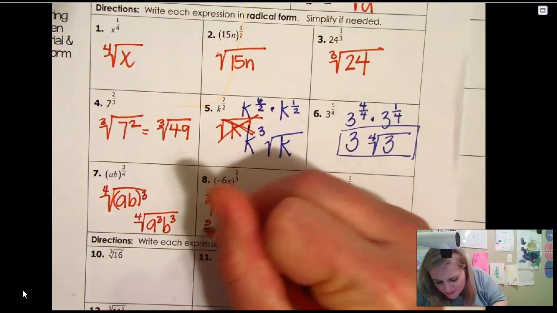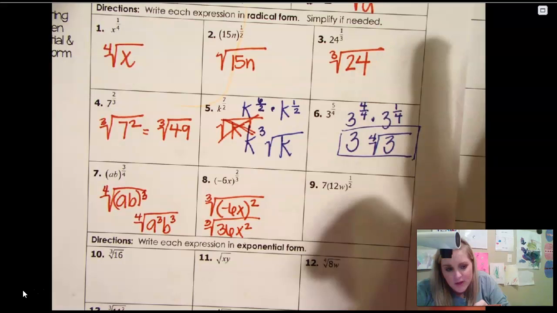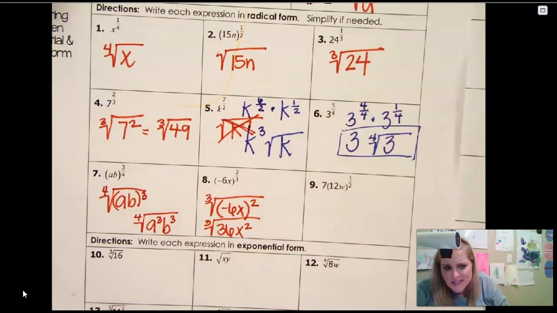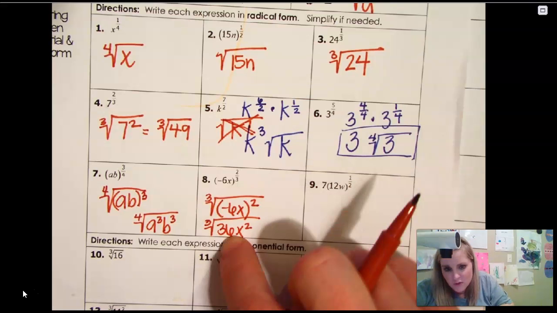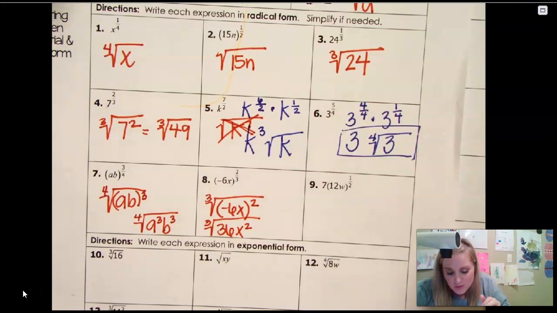So now I have to think about that 36. Is there a perfect cube within 36? My perfect cubes are 1, 8, and then it jumps all the way to 64, right? No, 27 and then 64. So none of those are going to be divisible, or 36 is not divisible by any of those. So it just stops right there.